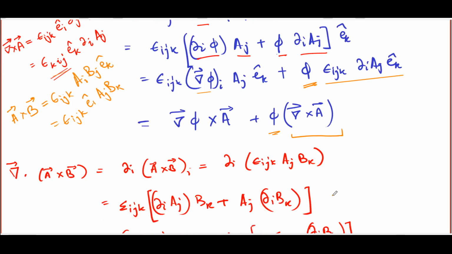And that, of course, according to the standard rule for differentiating products, gives you del_i a_j times b_k plus a_j times del_i b_k. So, epsilon_ijk is sitting outside as an overall factor.